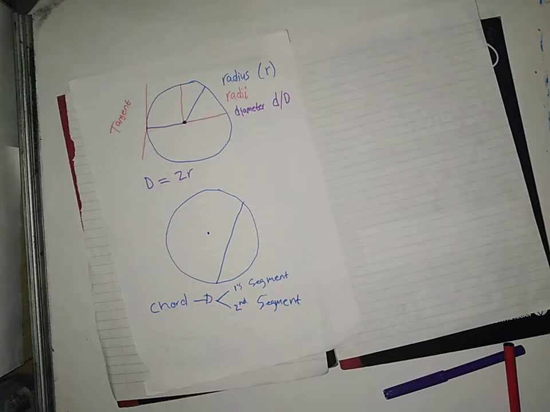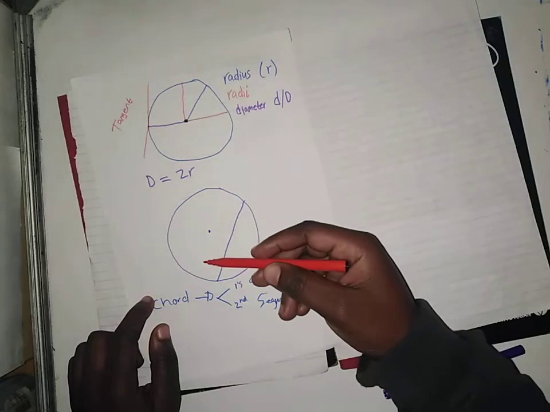Now there is a way in which we classify these segments. A chord will always have a bigger segment and a smaller segment. The bigger segment, like this one, is simply a part. It's just that in the context of Euclidean geometry we call them segments.